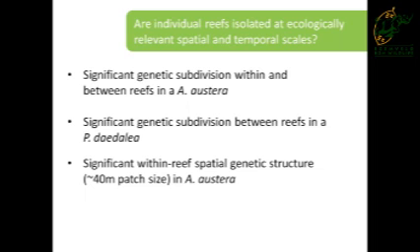So what does it mean for the first concern, whether the individual reefs are isolated at ecologically relevant spatial and temporal scales? First, I found significant genetic subdivision within and between reefs in Acropora austera, significant genetic subdivision between reefs in Platygyra, and a patch size of 40 meters for Acropora austera, suggesting limited dispersal.